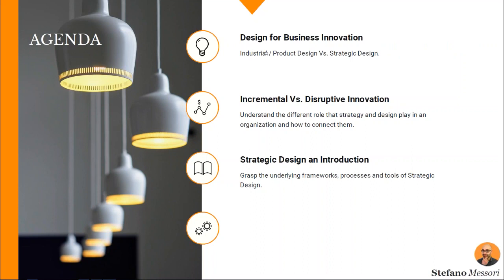Now, we have started clarifying the difference between industrial or product design versus strategic design. We have seen how industrial and product design generate what we call incremental innovation. They are best practices, while strategic design instead generates disrupting innovation.